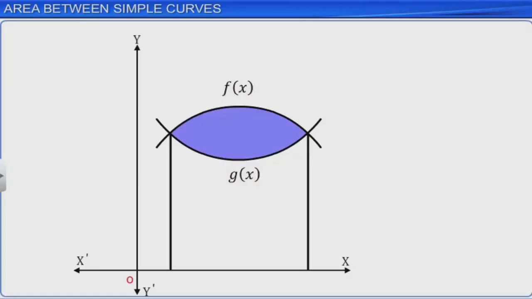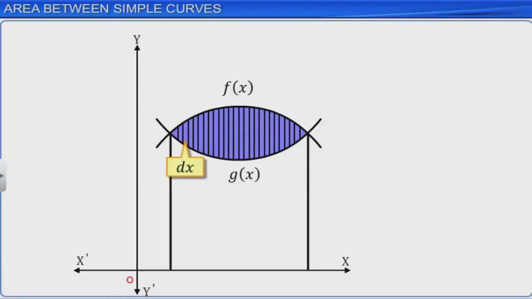First, divide the shaded region into thin vertical strips, each of width dx, and then perform integration over the entire region. But the question is, what is the span of this entire region? To address this, we have to observe the points of intersection of the curves.